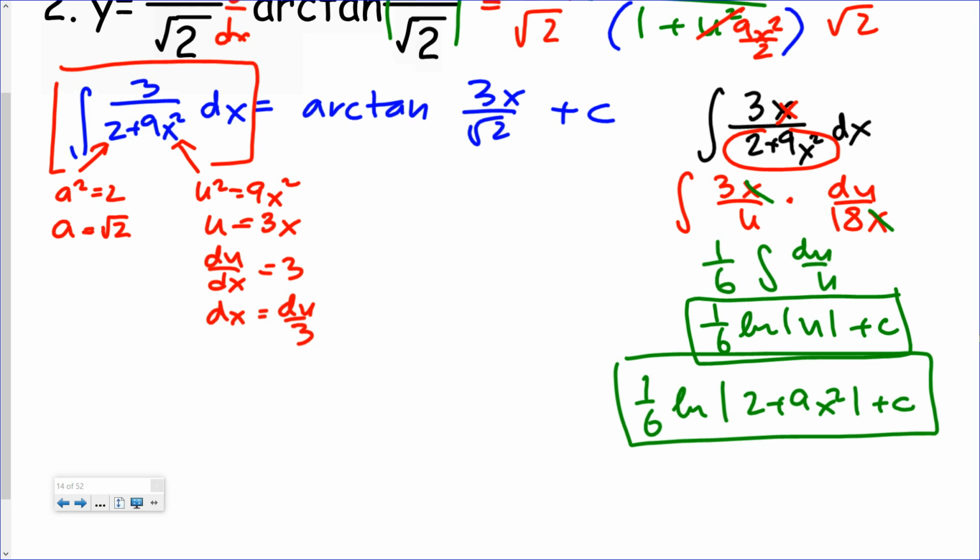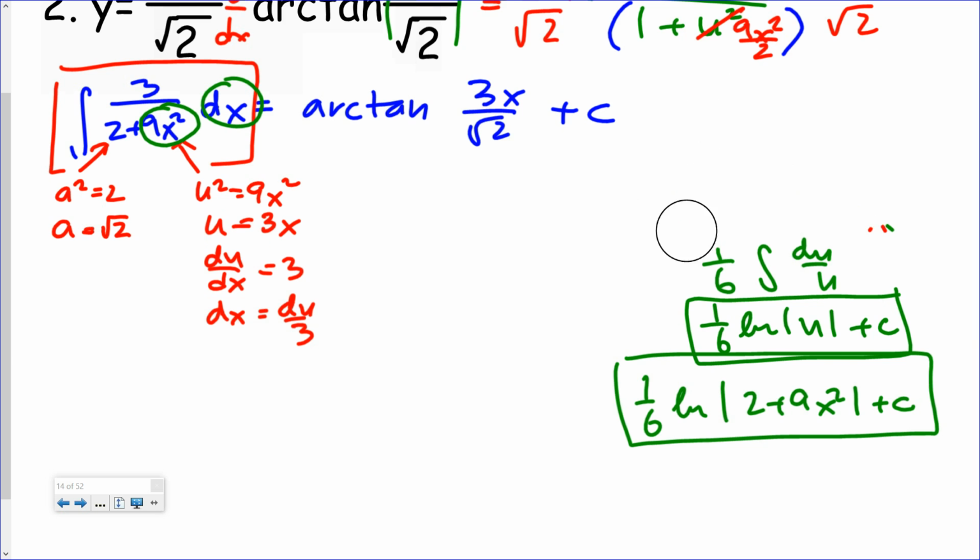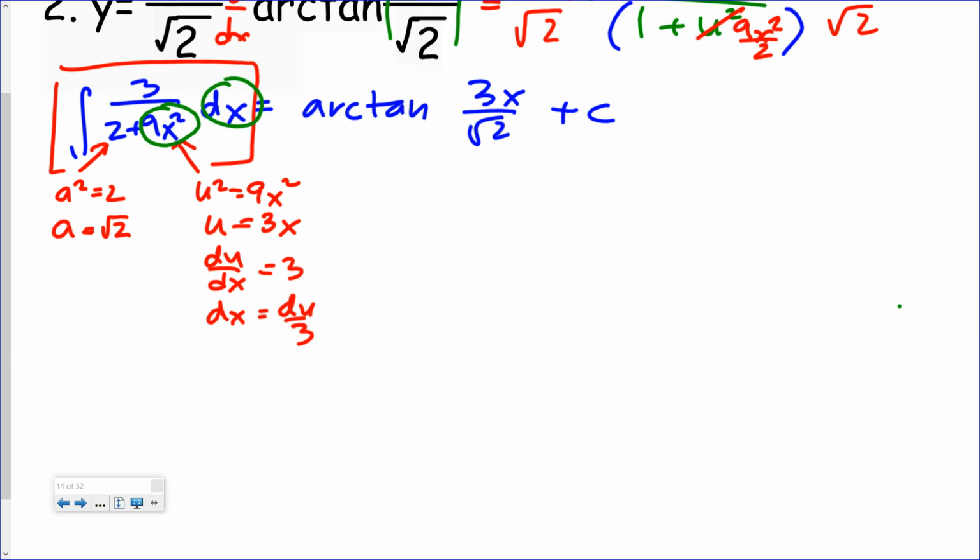You replace two things: your u and your dx. So let me circle it. There's my dx. And guys, do you see my u is 3x? So actually, I'm going to replace the u squared here. When I rewrite this problem, what I'll get is an integral of 3 over 2 plus u squared times du over 3.